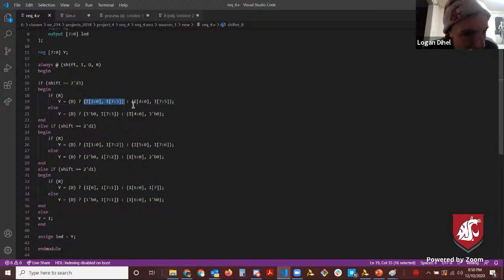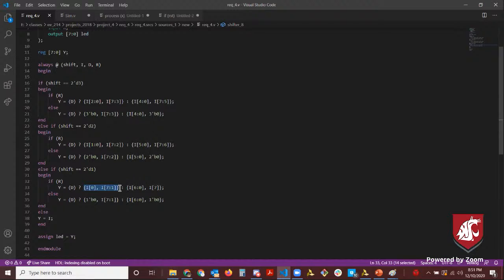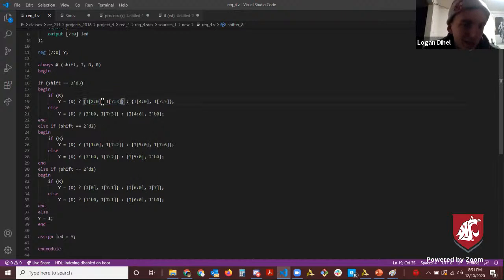No. Which way is this? So let's do this one. It looks like you're putting 2 zeros and you're switching to 0 with 7 3s. Well, for this one, I'm putting 2 zeros at the front and 7 3s at the back.